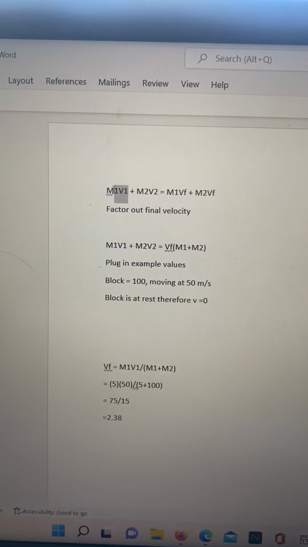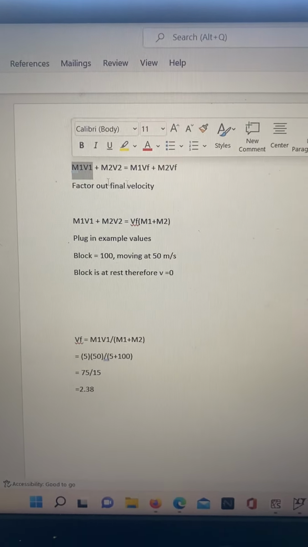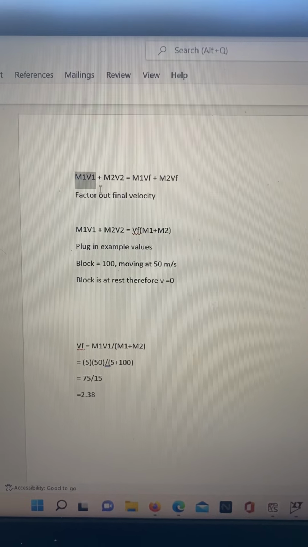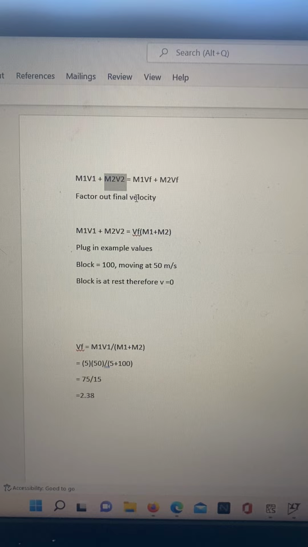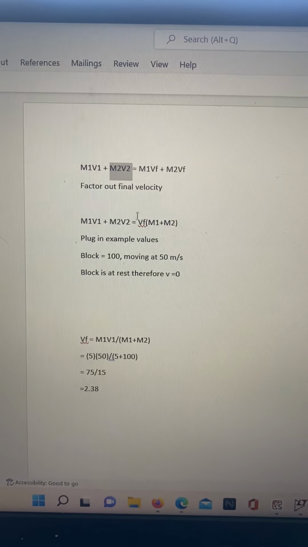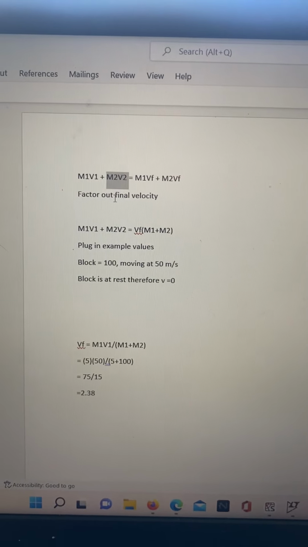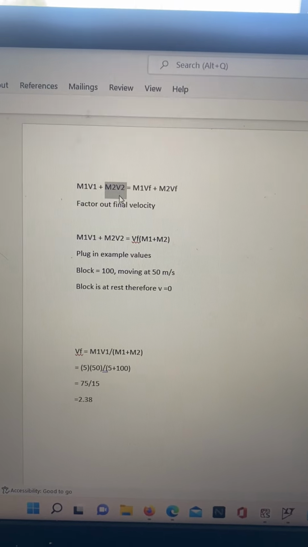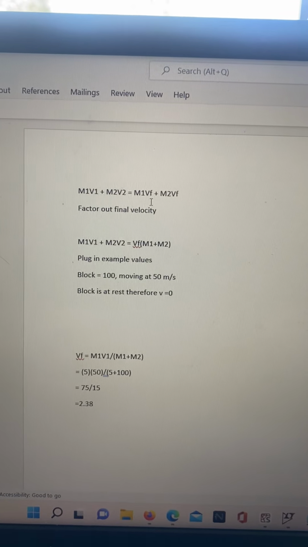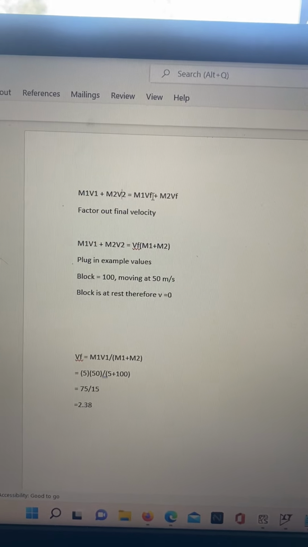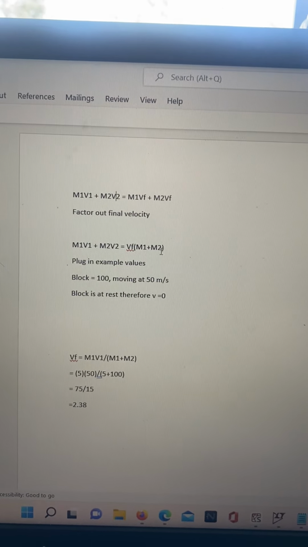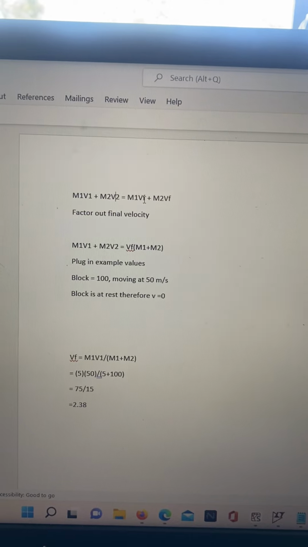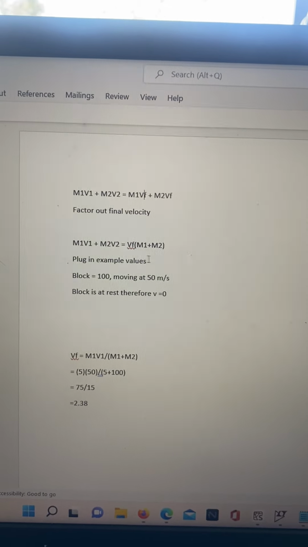This is the mass and velocity of the bullet, and then we add it to the mass and velocity of the block. Now this is just going to go to 0 because the block is at rest, and this should equal V final times M1 plus M2. We can factor out VF since they are the same thing.